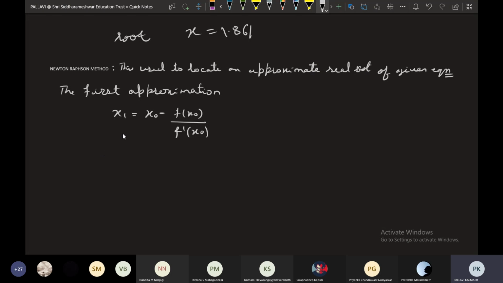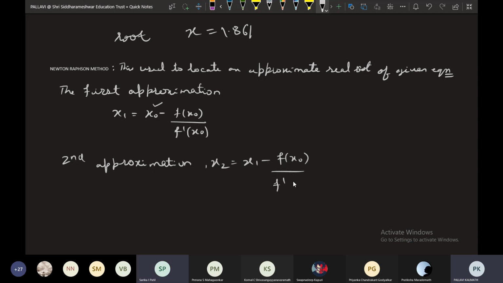In x1 we have made use of x naught. So can you tell me what will be the second approximation? x2 is equal to x1 minus f of x1 divided by f dash of x1.